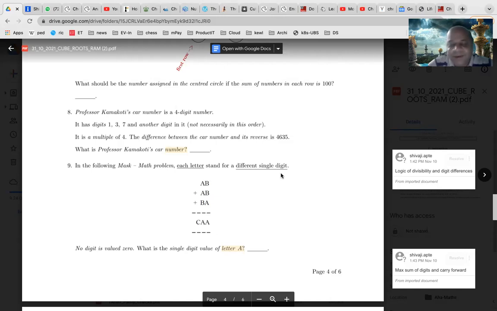No. So 8 is the only option? No. It can be 0 also, for example. It can be 2 also, 4 also, 6 also, 8 also. It can be any of those numbers, but it cannot be 1, 3 and 7, right? That much you know for sure, right?